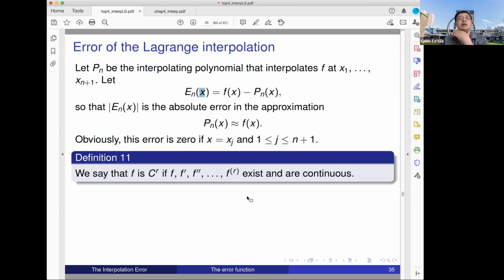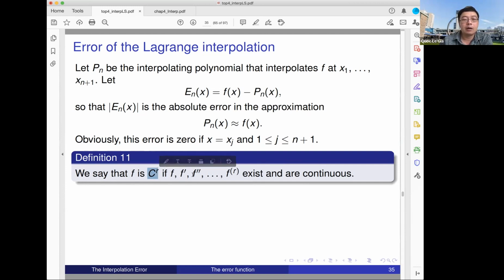Before I give the theorem, I say that a function is in C^r, where C stands for continuous and r is some order.